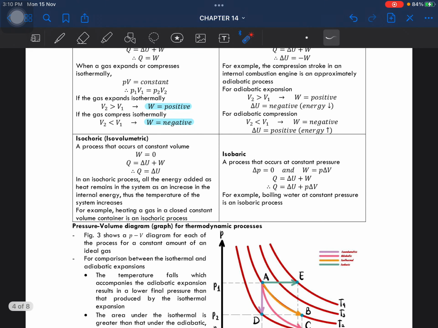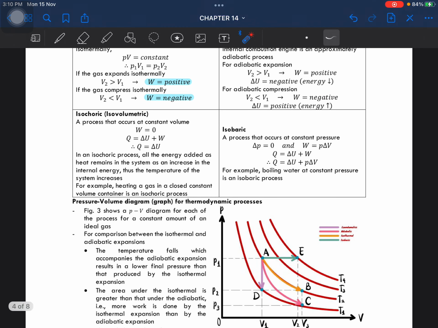Isochoric, or isovolumetric, means a process that occurs at constant volume. For constant volume, work will be equal to 0. Based on the first law of thermodynamics, the heat will be equal to the change in internal energy. So in an isochoric process, all the energy added as heat remains in the system.